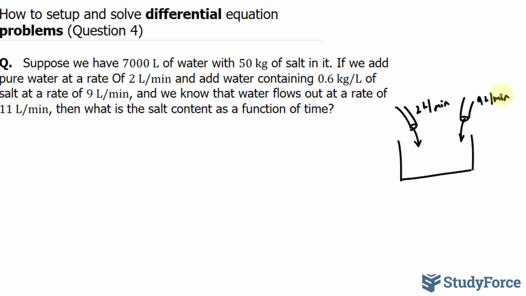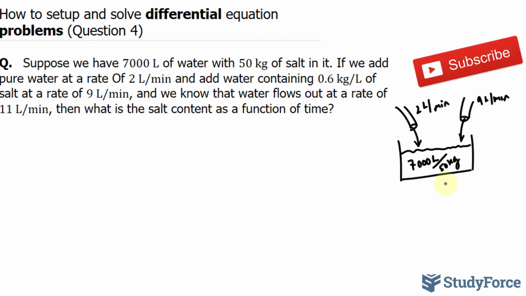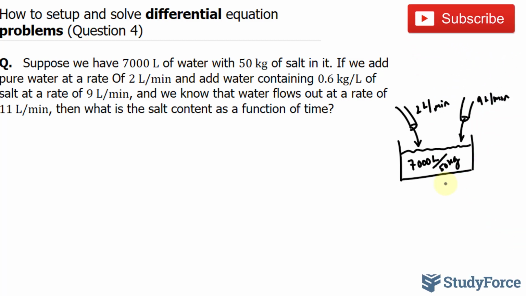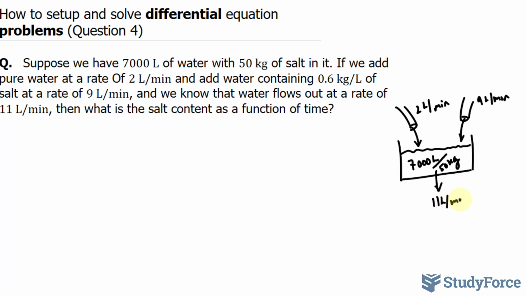The tank itself contains 7,000 liters of water with 50 kilograms of salt. Not only that, water is leaving the tank as well, through a hole, at 11 liters per minute.